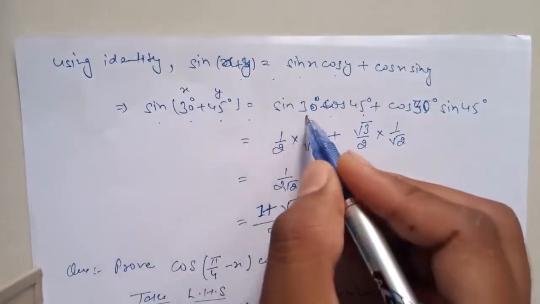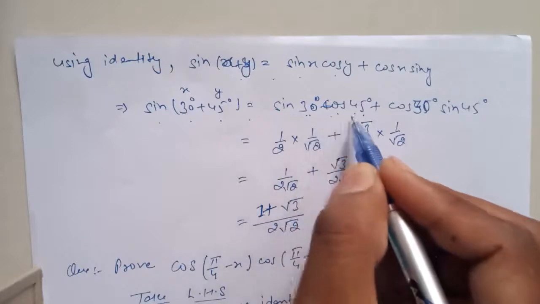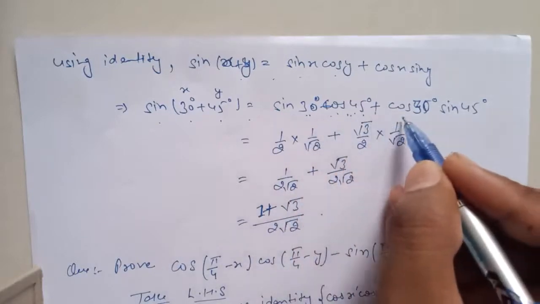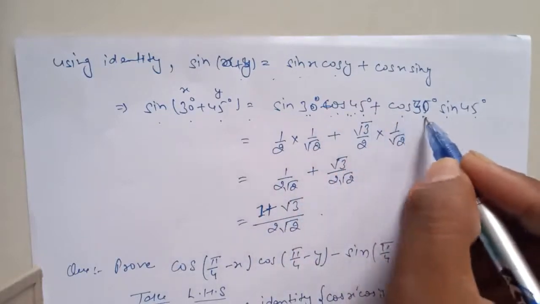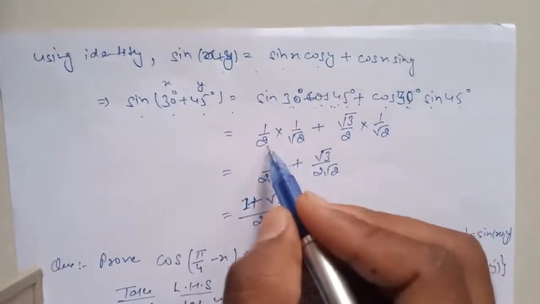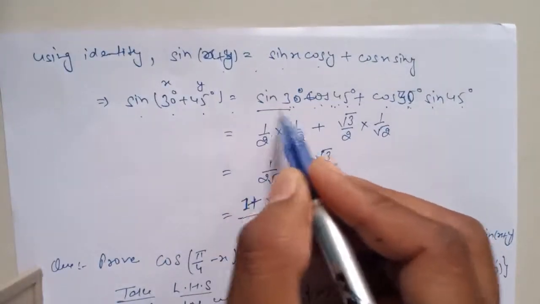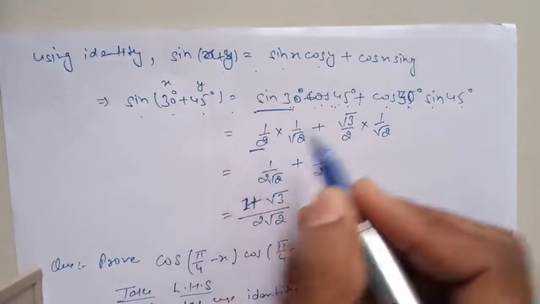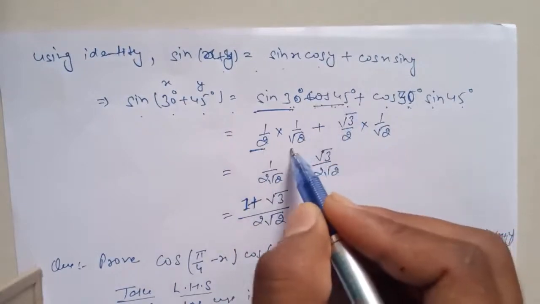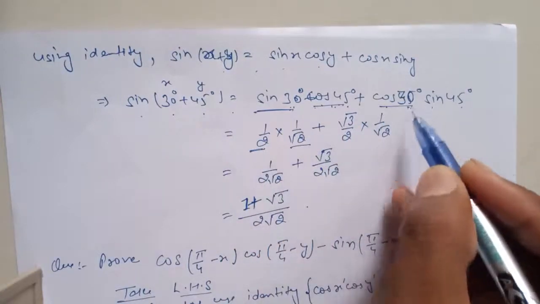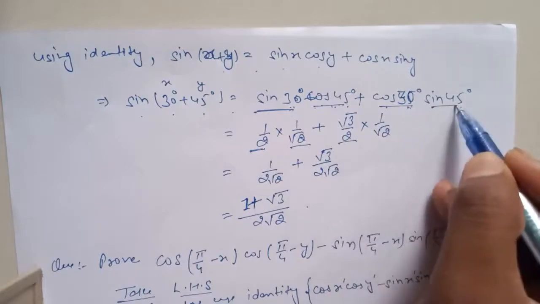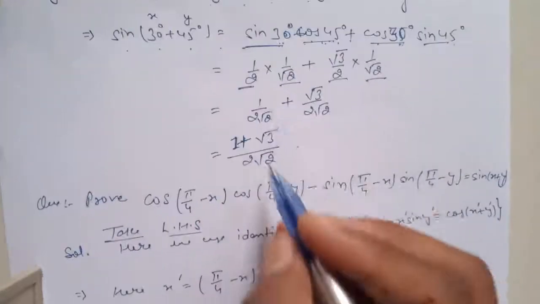Therefore sin x cos y means sin 30 cos 45, plus cos x sin y means cos 30 sin 45. The value of sin 30 is 1 by 2, the value of cos 45 is 1 by root 2, cos 30 is root 3 by 2, sin 45 is 1 by root 2.